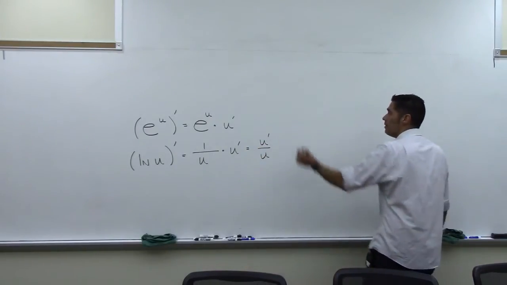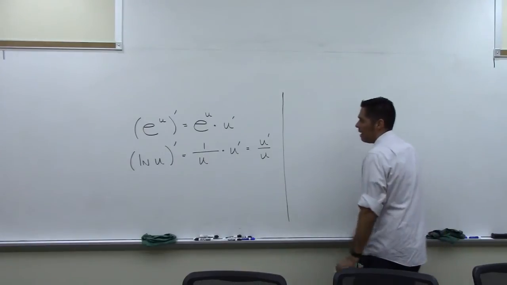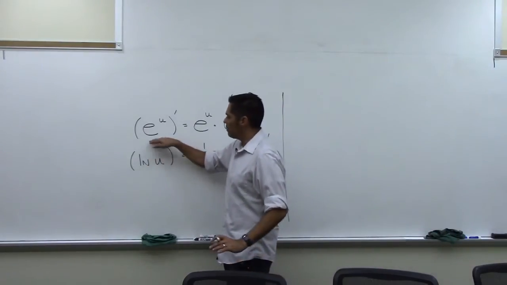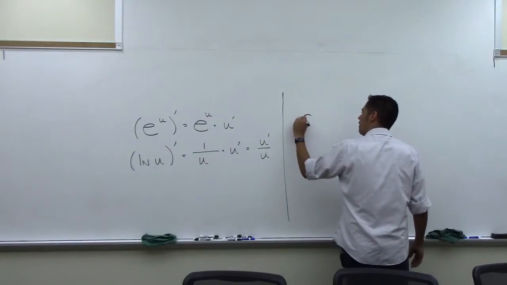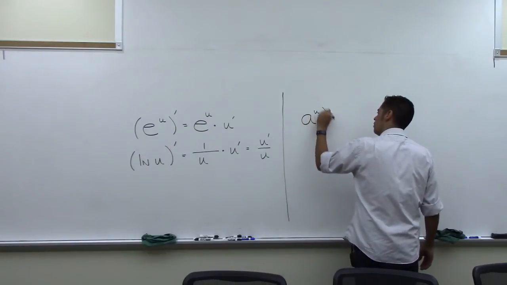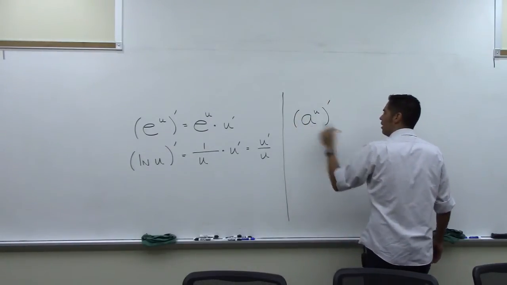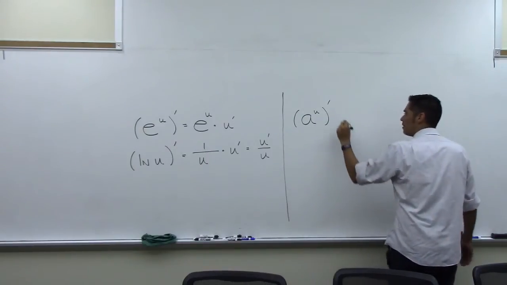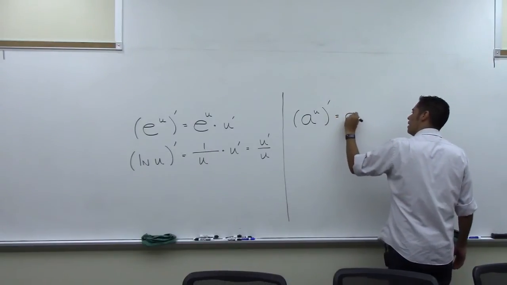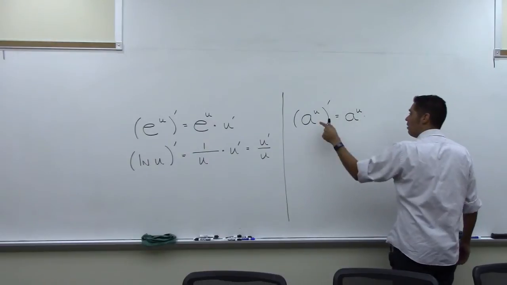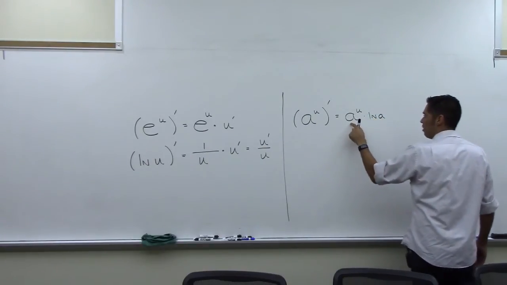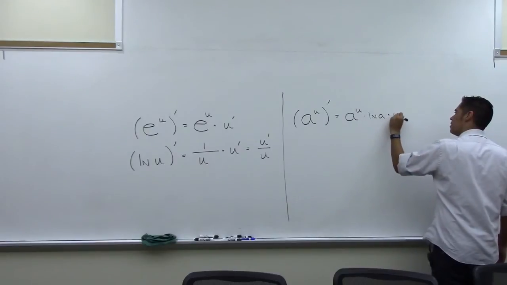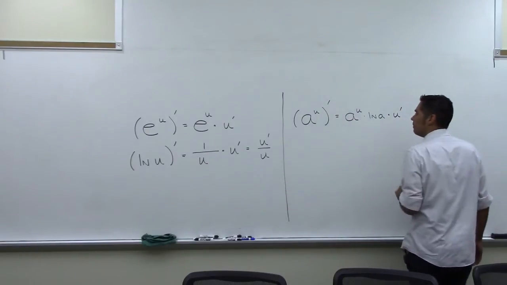And then if you step away from the natural log and the natural exponential functions, you get more general. The formulas we have are a raised to the u, where a is a number here and u is some function of x. The derivative of this will be a to the u, so itself, times natural log of the base, that's natural log of that number, times the derivative of what was up here.